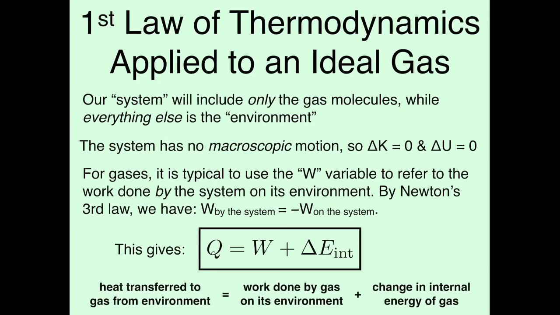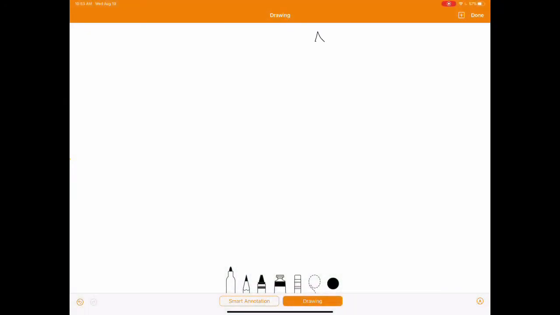So what is this saying? Heat transferred to the gas from the environment, and that's Q, is equal to W, the work done by the gas on its environment, plus delta E internal, that would be the change in internal energy of the gas. So to show you how we got that result, let's write down the first law of thermodynamics.